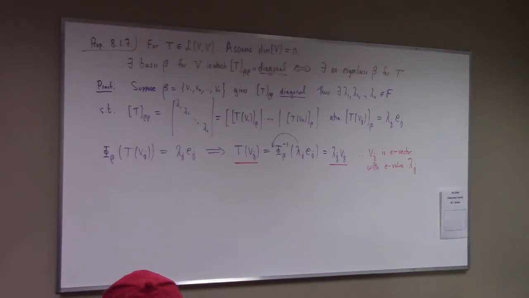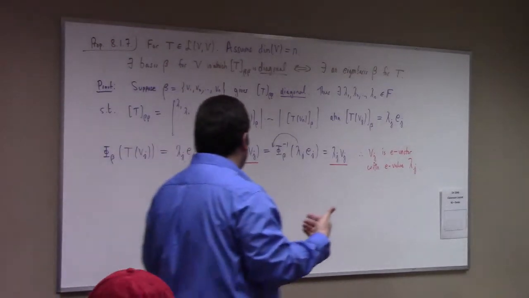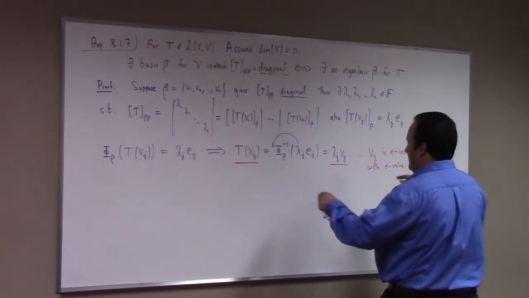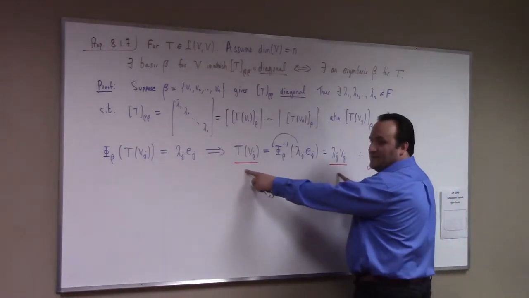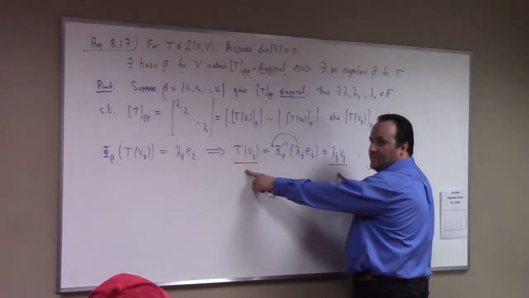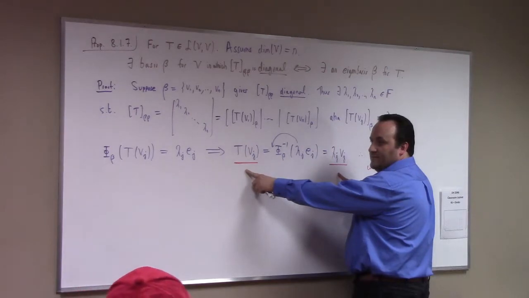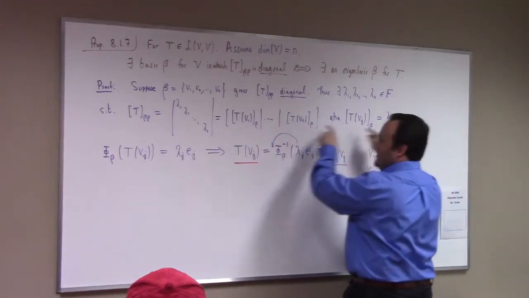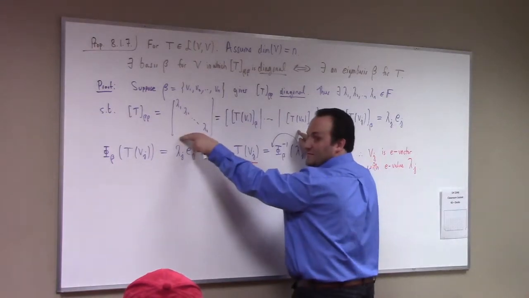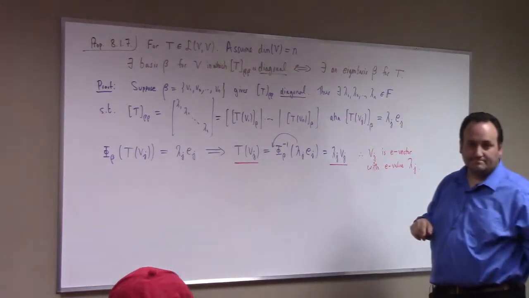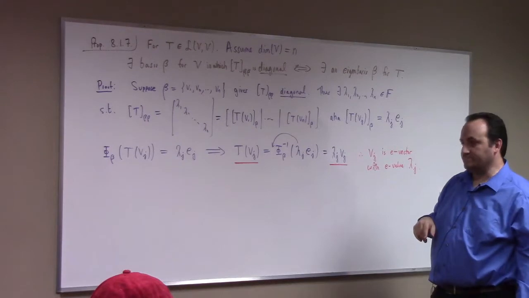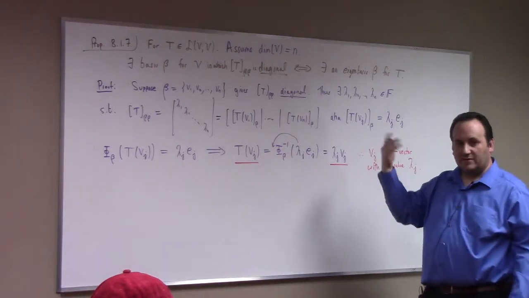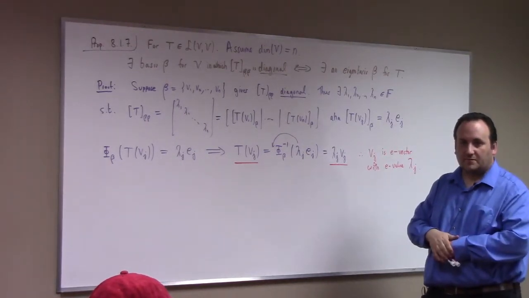So for the other direction, we assume that it's an eigenbasis, which gives us this, which then implies that, which implies this, which implies this is equal to that, which is to say it's diagonal. So really the same calculation in reverse is the proof of the converse direction.